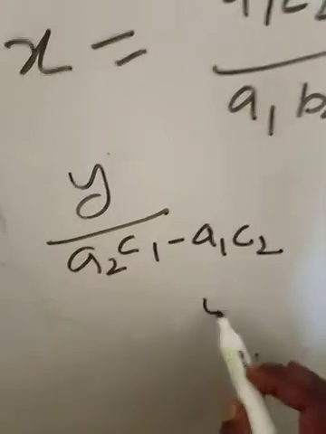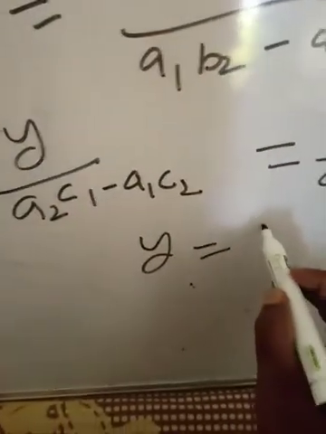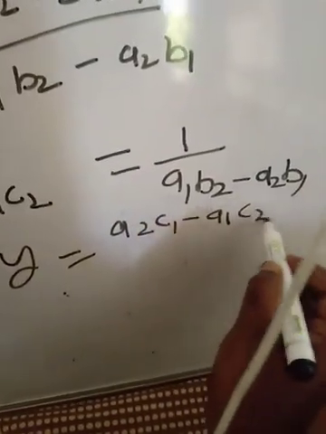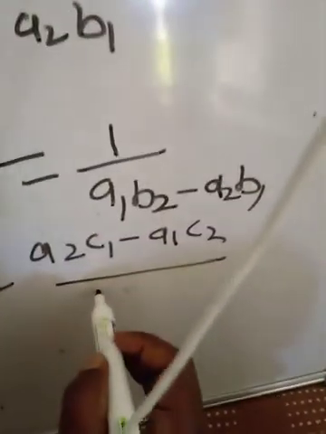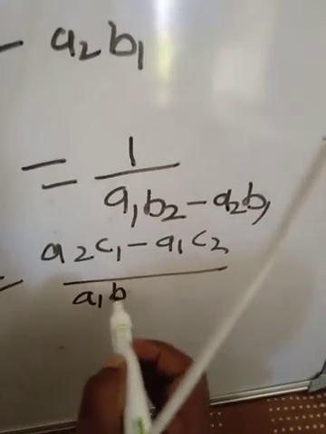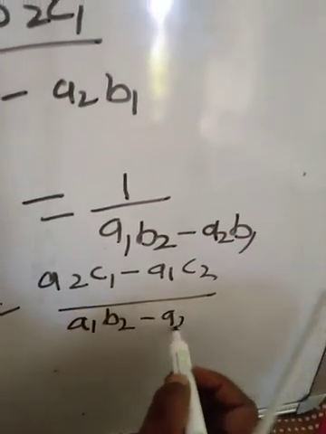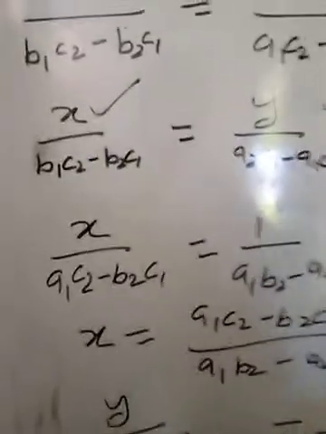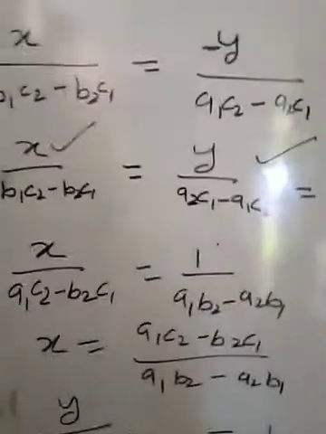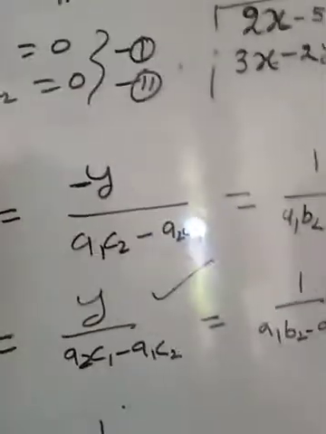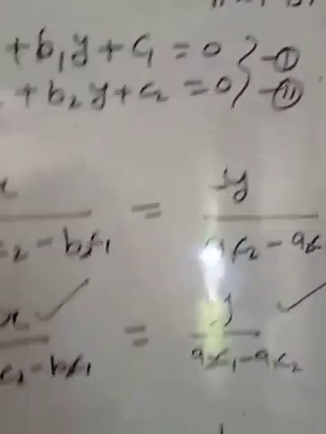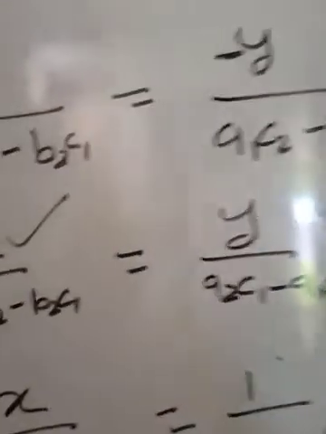Again by cross multiplication, y is equal to a2 c1 minus a1 c2 divided by a1 b2 minus a2 b1. Okay, now you can see each step one by one. This is the method of how to solve any system of linear equations by cross multiplication.